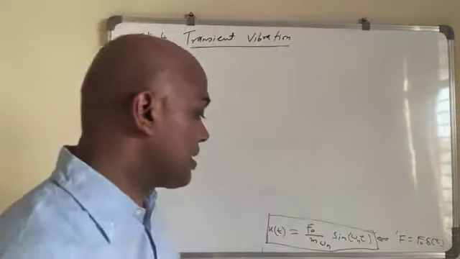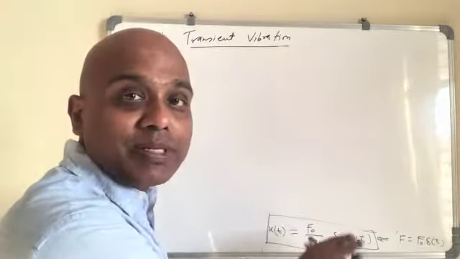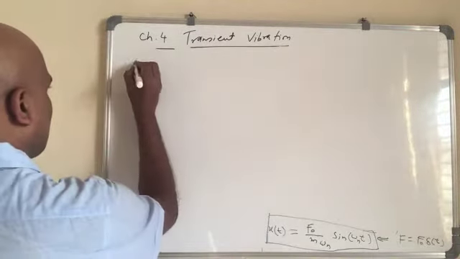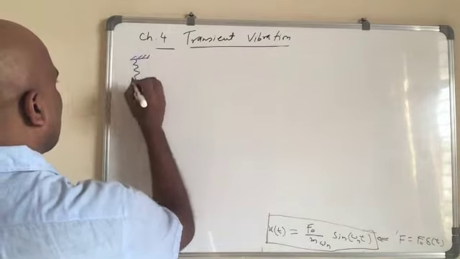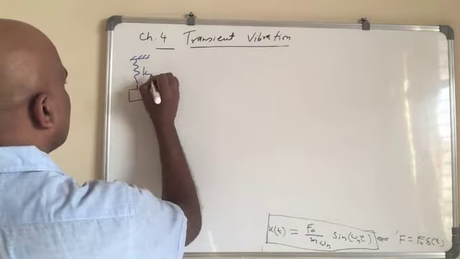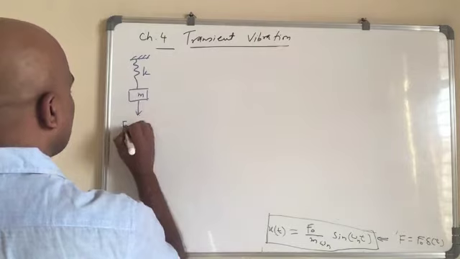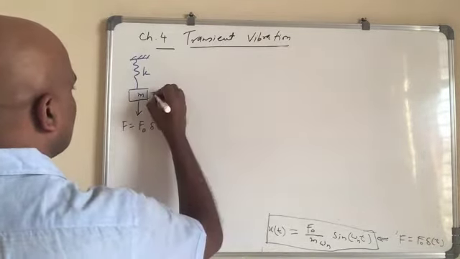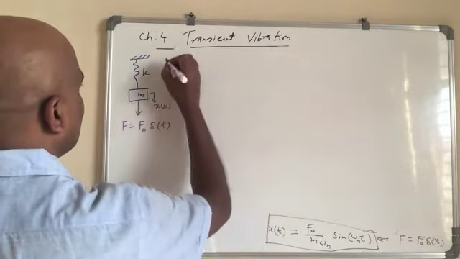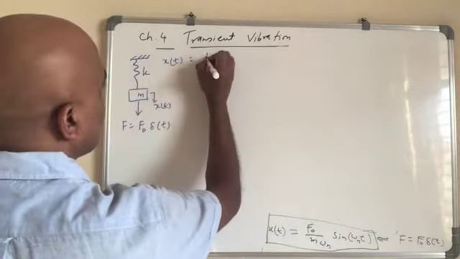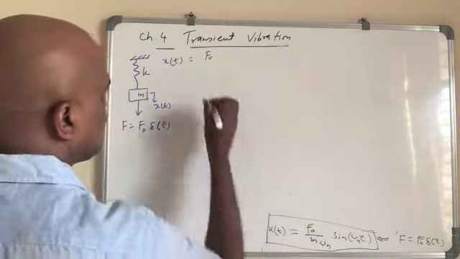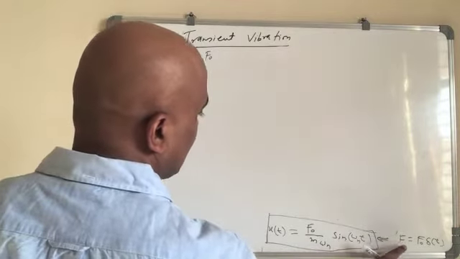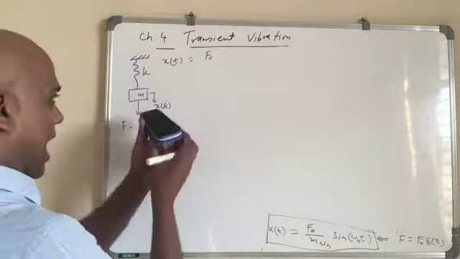Now we will see whether this solution that we obtained makes sense. The problem was the spring mass system: you applied force F equal to F naught delta t, and you found that x(t) is equal to F naught divided by m omega n times sine omega n t. I will not write it here.